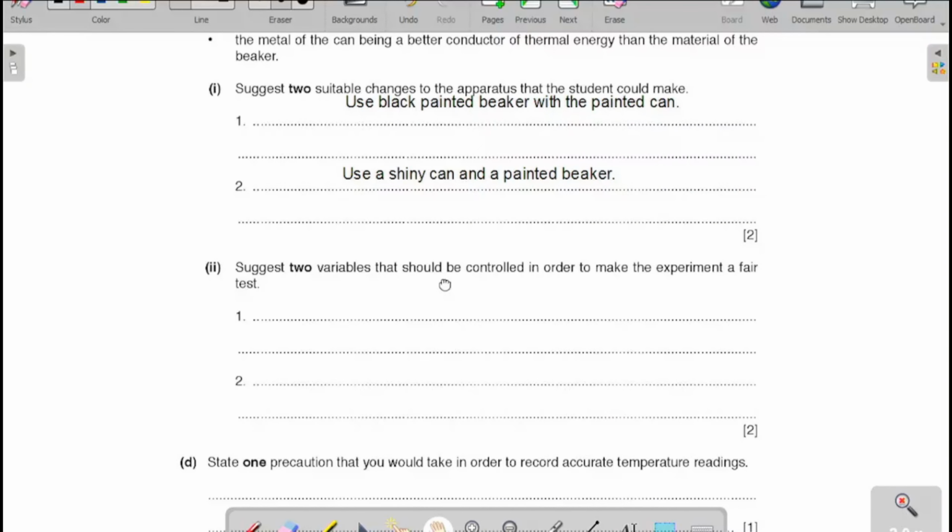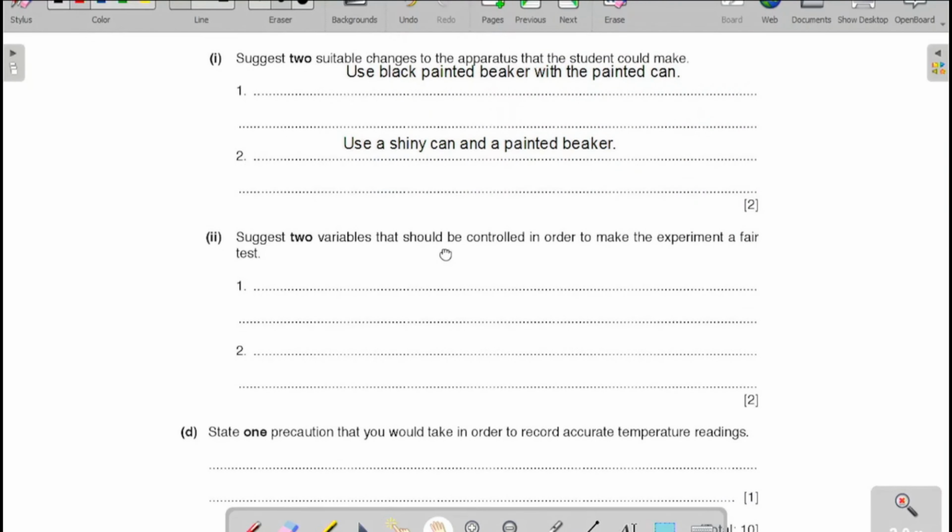Suggest 2 variables that should be controlled in order to make the experiment a fair test. The variables to be controlled to make the experiment a fair test. Of course, to make it fair, you need to use the same volume of water. So let's have volume of water. To make it fair too, we need to use the same starting temperature.